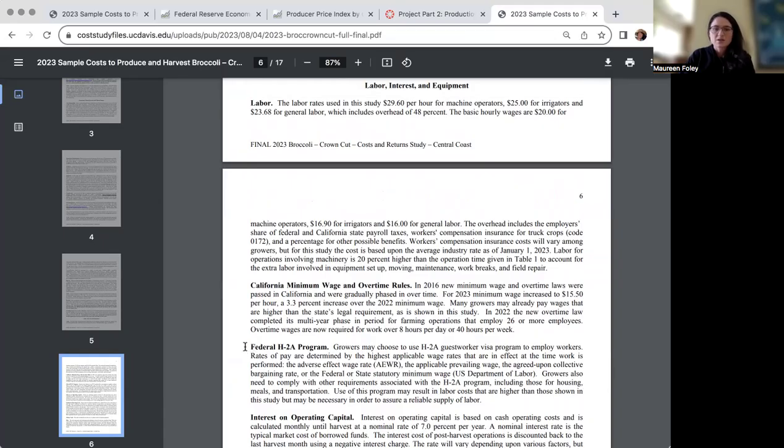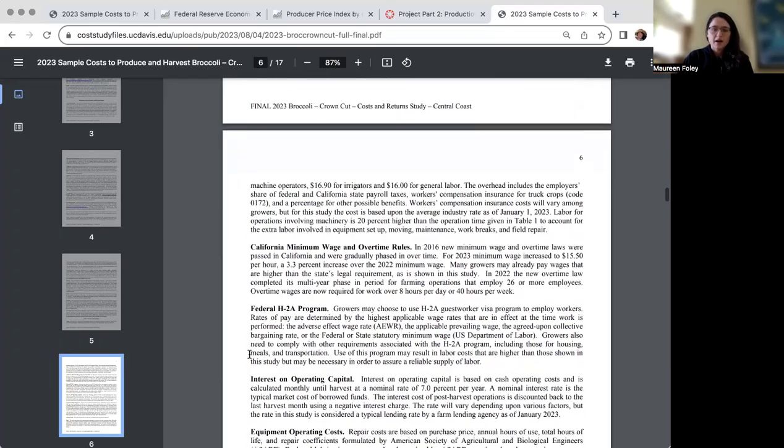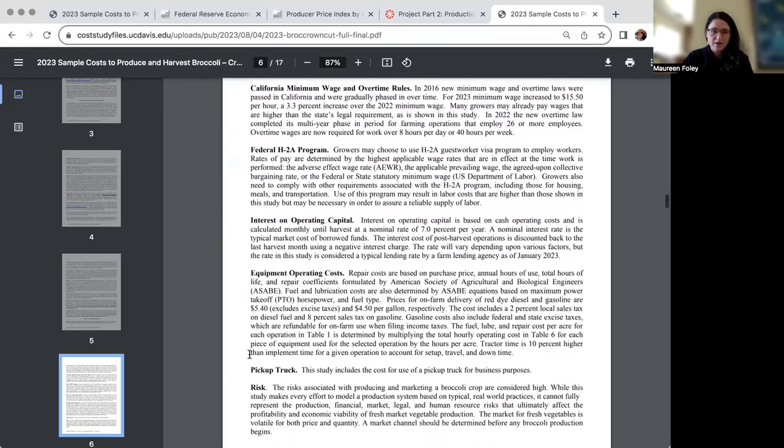You have costs associated with federal H-2A programs. H-2A programs are basically visa programs. When we need more agricultural labor than we have in the country, we offer these H-2A visas to folks from out of the country to come in and help us out with our ag work. And employers have to pay for these visas. So that's another cost that we should know about.